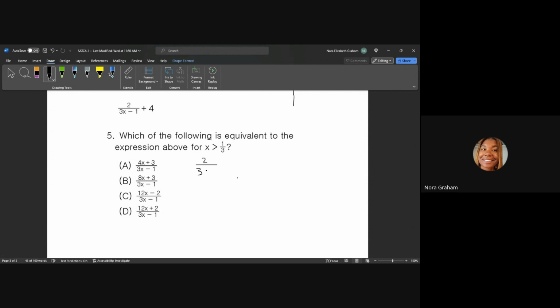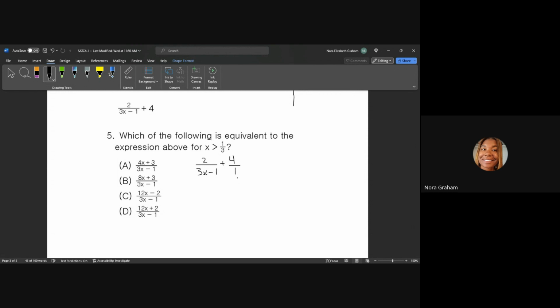The first thing I notice is I can rewrite that +4 as a fraction, because when I'm dealing with a fraction and then a whole number like that, I like to write it as a fraction. A way I can write a whole number as a fraction is by putting it over 1. So this is kind of like adding fractions now, where my fractions have to have the common denominator in order to add my numerators.